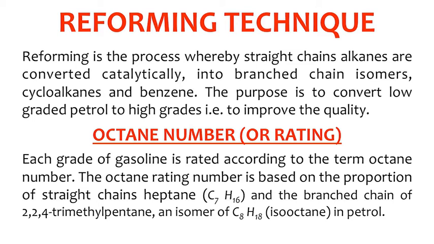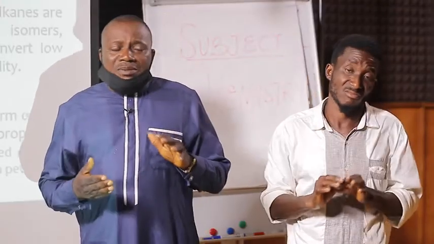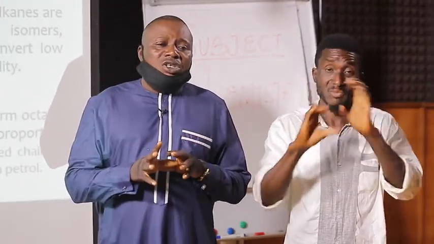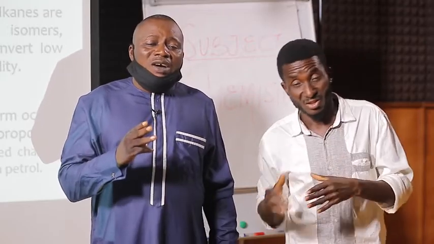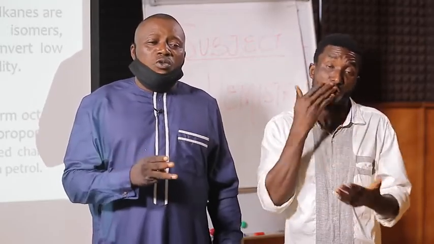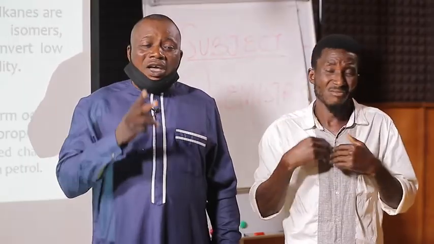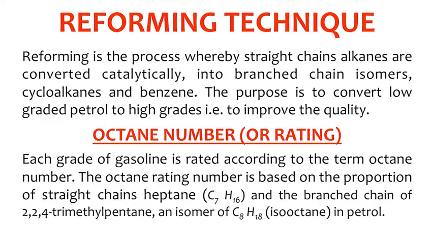The octane rating is based on the property of its straight chain. Don't forget, in chemistry, whenever we have branching, the better it is for us to have a good petrol that will have less effect on our engine.